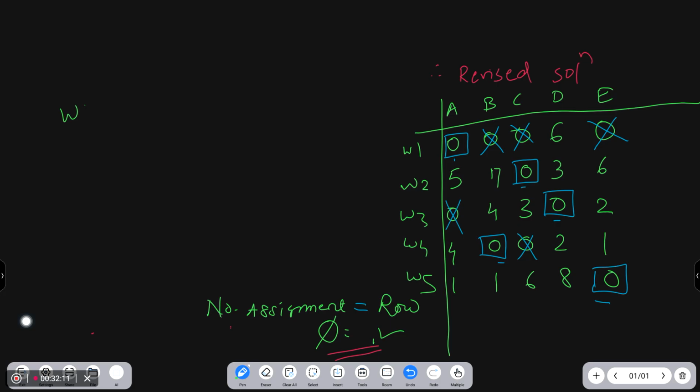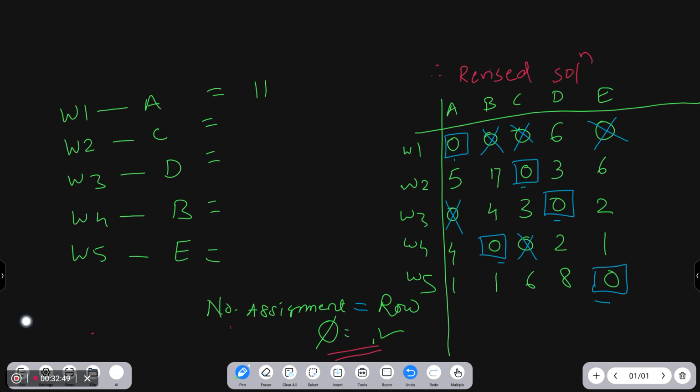Now see, the first worker we have to assign the A job, then worker 2 we have to assign the C job, worker 3 has to be assigned D job, then worker 4 has to be assigned B, worker 5 has to be assigned E. Now tell me the original value from the original matrix, that is W1A 11, then W2C 7, then W3D 13, then W4B 10, and W5E. What is the total of this one?